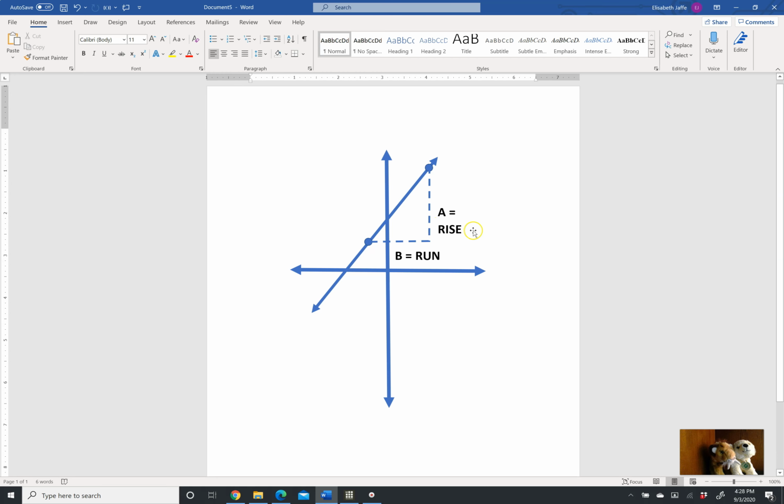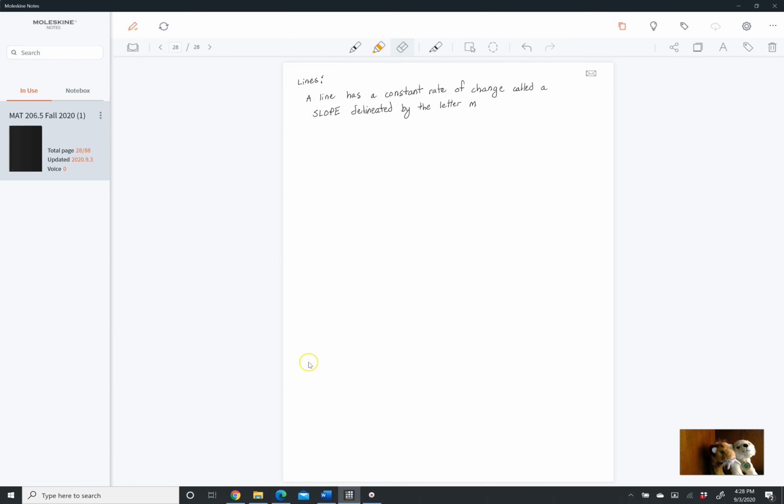So the rise is always vertical and the run is horizontal. And the slope is your rise over your run, or your change in y over your change in x. So rise over run, it's a proportion, our slope.